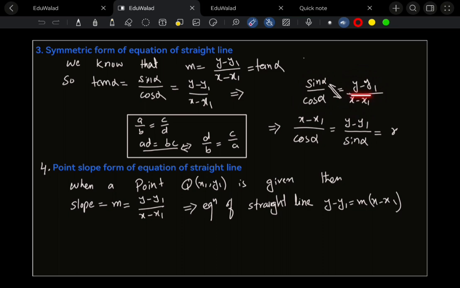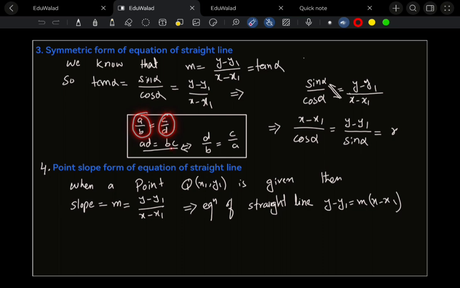So when we cross multiply, this sine alpha will come here, and this x minus x1 will go here, because this is done by cross multiplication. As a over b equals c over d, so ad equals bc.